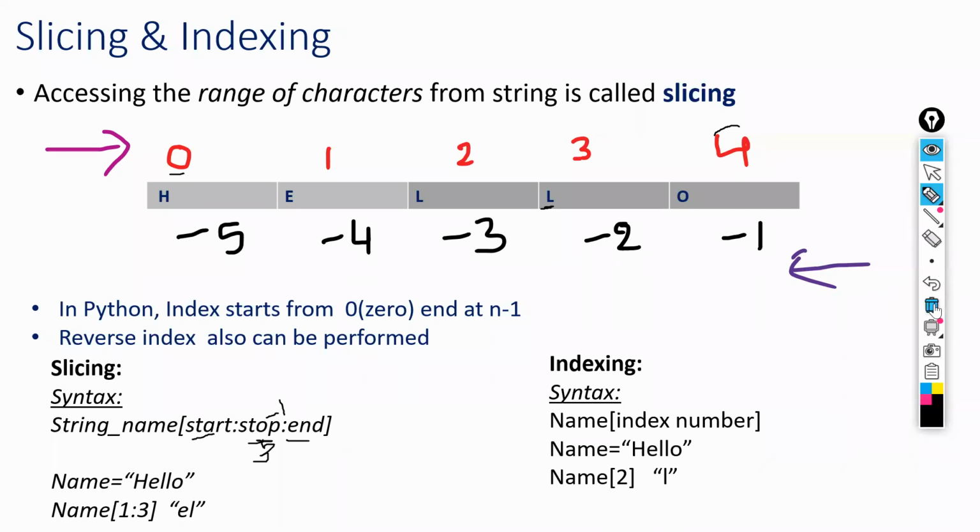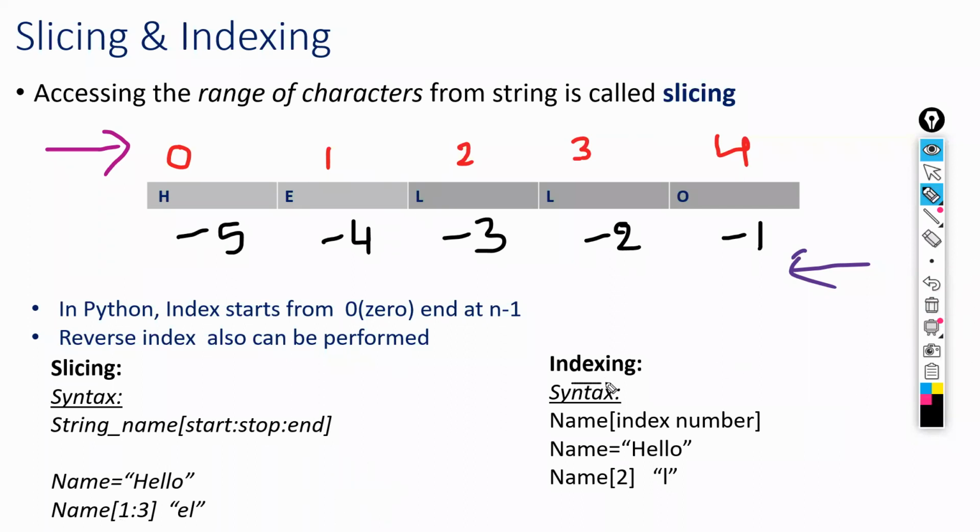So this is about the Python slicing operation. You can see here also 1, 2, 3. It started from E. If we give 3, 3 minus 1 is 2. L.